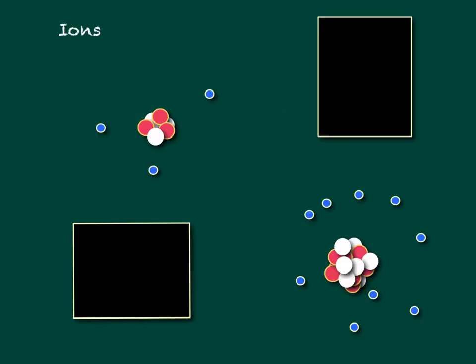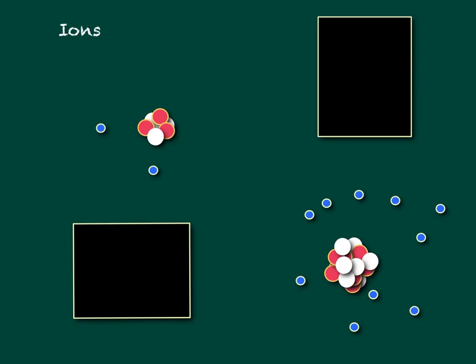What's an ion? Well, in this picture here, in this atom, suppose the blue are electrons, red are protons, white are neutrons. The overall charge on this atom is neutral because there are 3 protons balanced out by 3 electrons. But what happens if one of these electrons is lost?